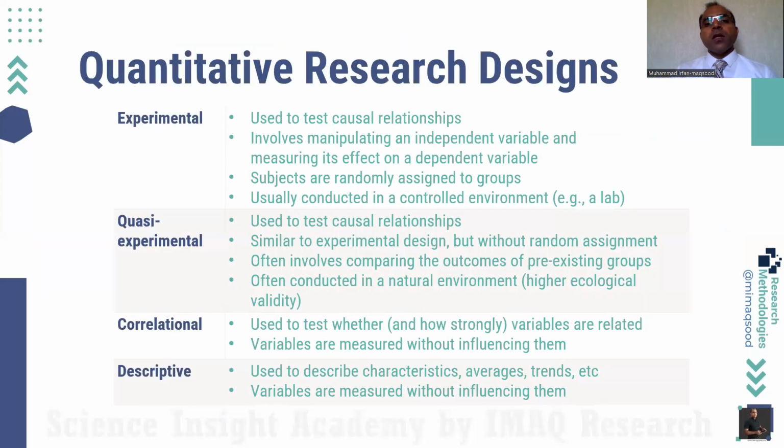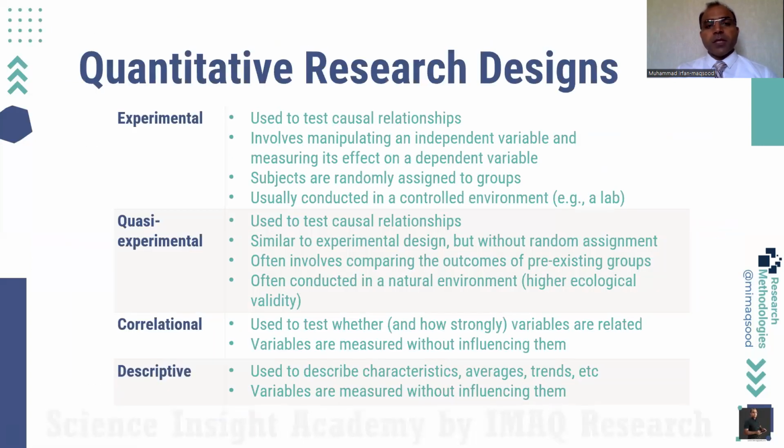So, in quantitative research designs, we talked about the experimental approach, which is what we followed, where we were dependent on a lab, and we did a comprehensive analysis and research work.